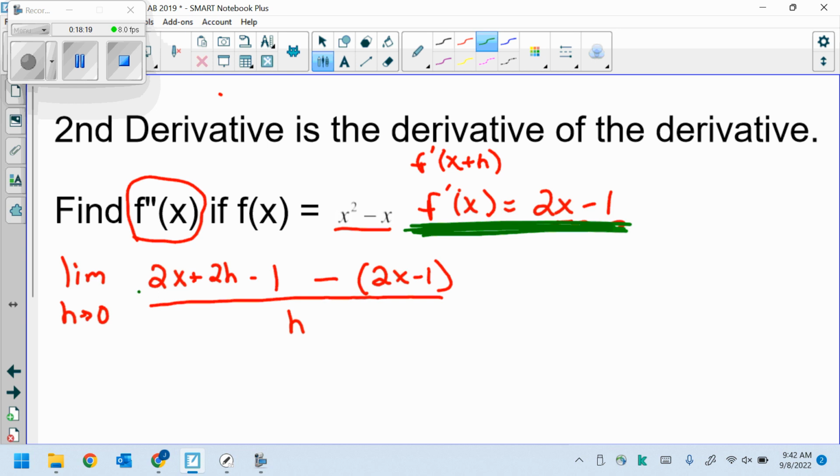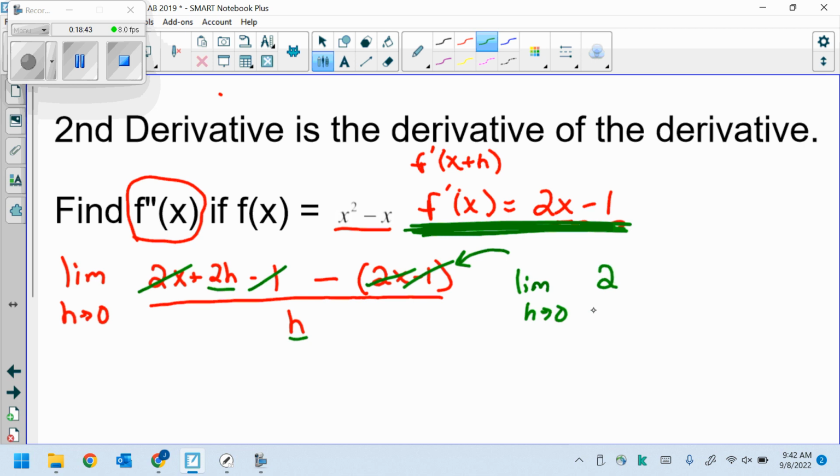Well, the 2x's, poof, gone. Minus 1 minus negative 1. No surprise, when you take the derivative, that's going to be gone. And we're going to take the limit as h approaches 0 of 2h divided by h, which is just 2.